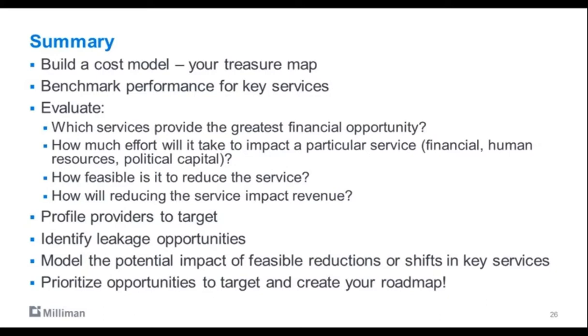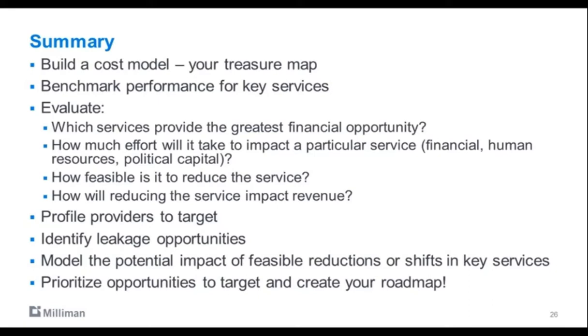So I'm going to just summarize. Again, number one, taking that rich claims data and really demanding that you get that data from a payer. If you're going to go into a risk deal with any payer, you should get data for the population you're at risk for. Building a cost model is really your treasure map. Benchmarking performance, utilization, and cost is key.